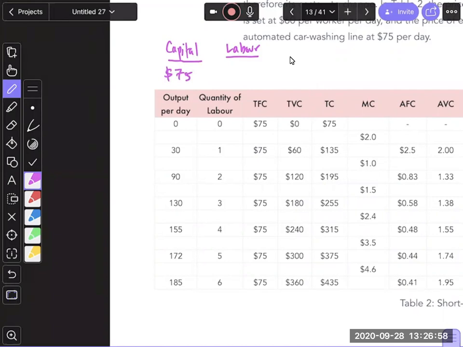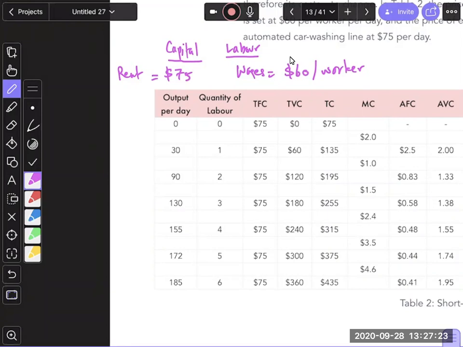Let's say labor is paid wages of $60 per worker. Got it? So these are the costs. Remember, capital was your fixed factor.